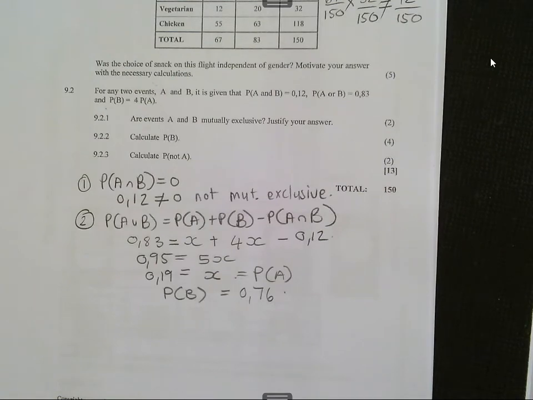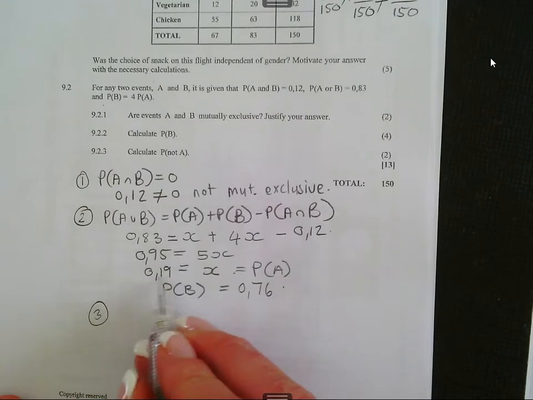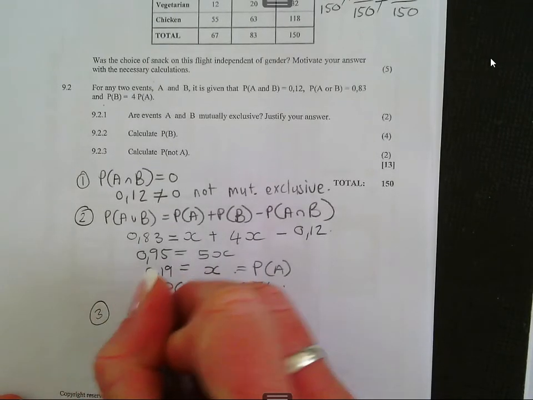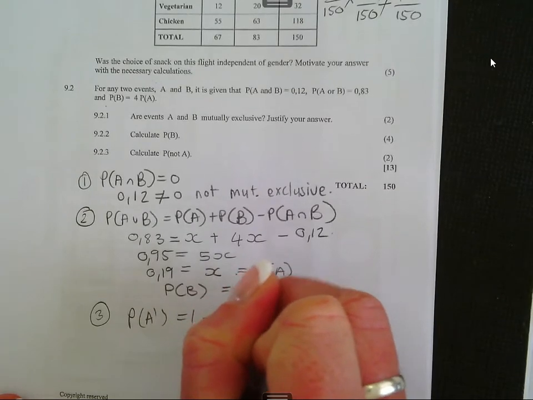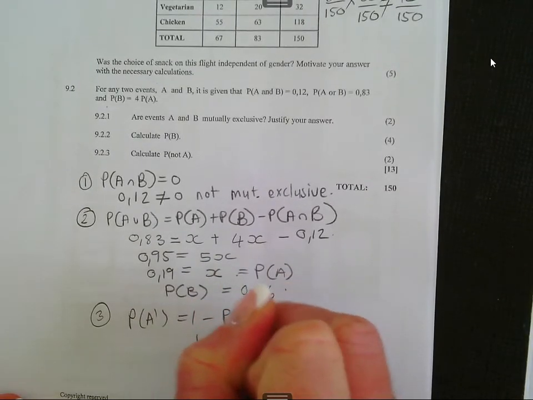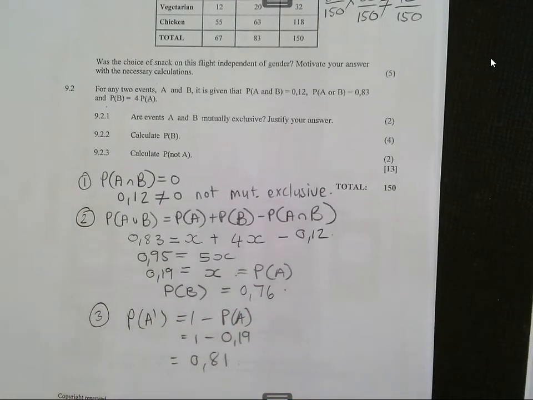Okay, 1 minus the probability of A will give me the probability of not A. Do I have the probability of A? What's it? 0.19. So the probability of not A is 1 minus 0.19, and therefore the answer is 0.81. That's the probability of not getting A.